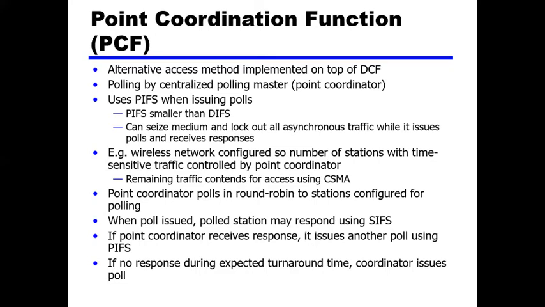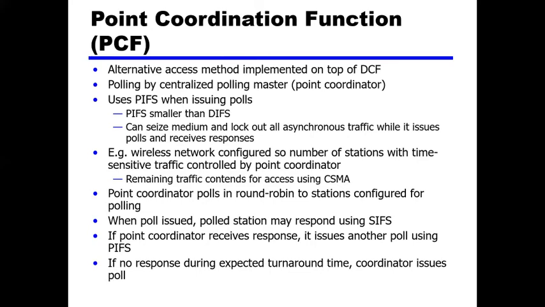PIFS is smaller than DIFS, so it can seize the medium and block all asynchronous traffic when it issues the polls and receives the response. The wireless network is configured so that a number of stations with time-sensitive traffic are controlled by the point coordinator. The remaining traffic contends for access using CSMA.